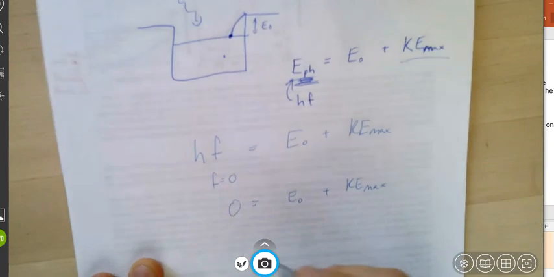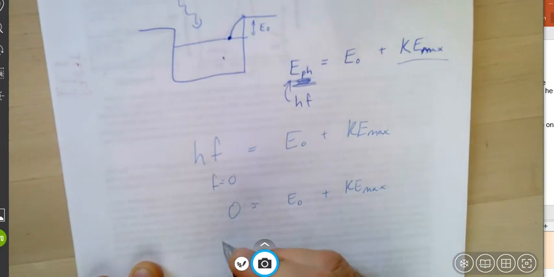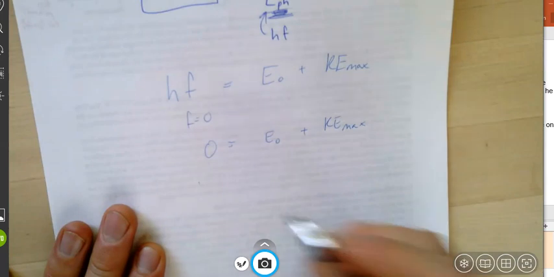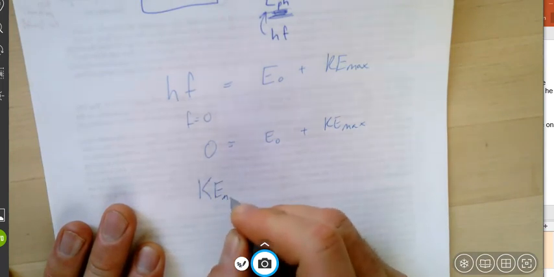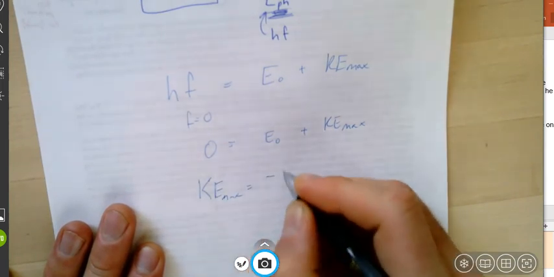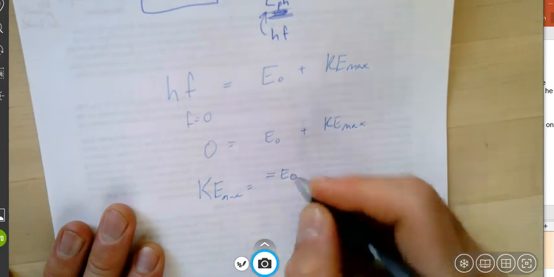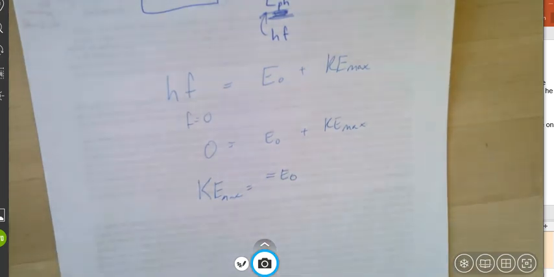So in other words, the KE max is equal to minus E naught, right? And so that intercept there is going to be equal to the work function of the material.